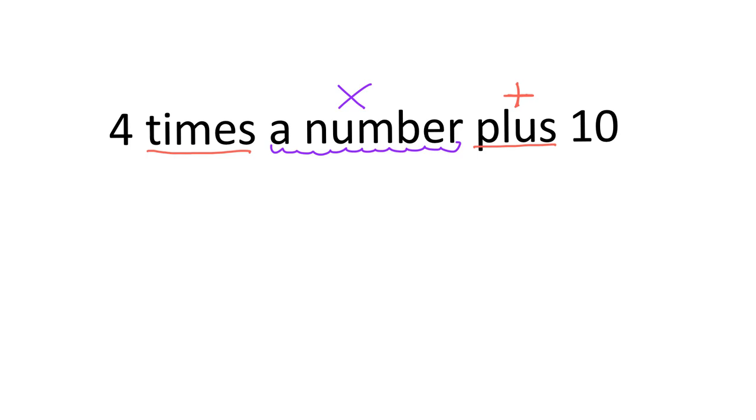So when you guys take the times, remember that we don't use the symbol x anymore for multiplication. You are going to multiply, which is the word times. So I'm going to put a dot on the top here just to remember that I am going to multiply. So I'm going to bring down the number 4. I'm going to multiply times the variable, a number, so I'm going to have x here, and I do have a plus and a 10.